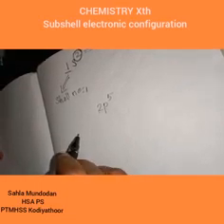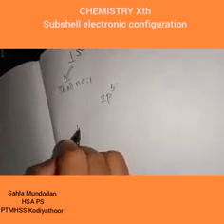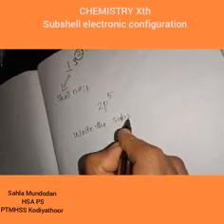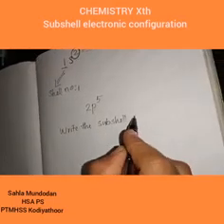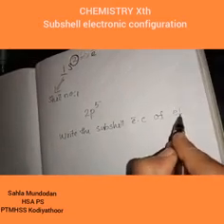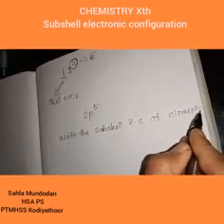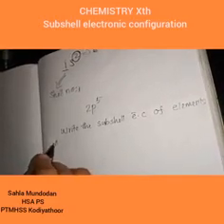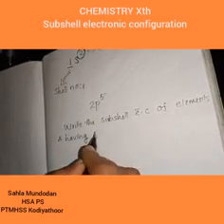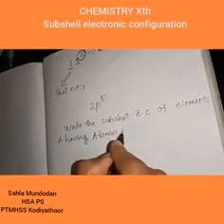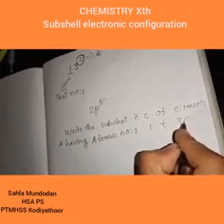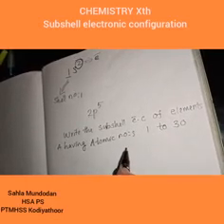Then do the assignment, that is, write the subshell electronic configurations of elements having atomic numbers 1 to 30.